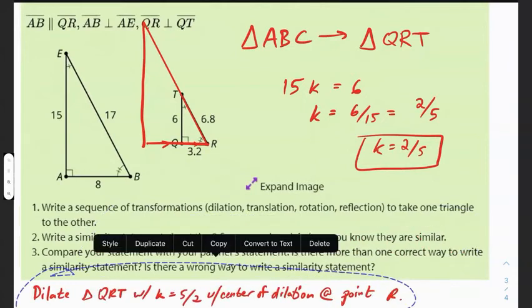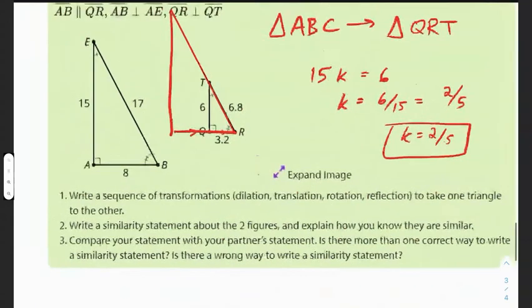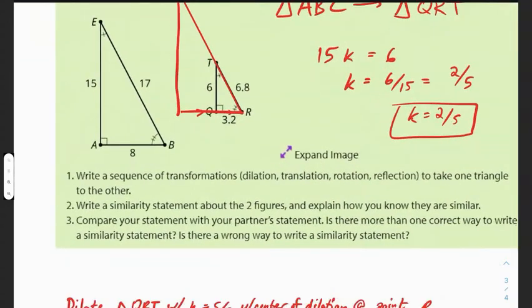Okay. And then I'll tell you what, I'm going to move down my answer for number 1. And I'm just going to say, after the dilation, I'm going to just translate over to where point R maps onto B. So translate triangle Q prime R prime T prime along line RB.